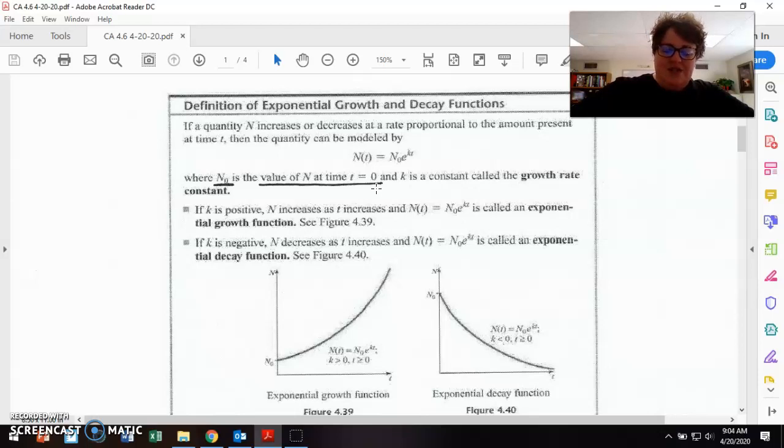Then we have our e, which is our natural exponential, and then we have our k, and k is what's going to tell us whether it's exponential growth or exponential decay, depending on whether k is negative or positive. And then we have our t. T is equal to time, how much time has passed. If k is positive, your function is going to increase from left to right. If k is negative, it's decreasing from left to right.